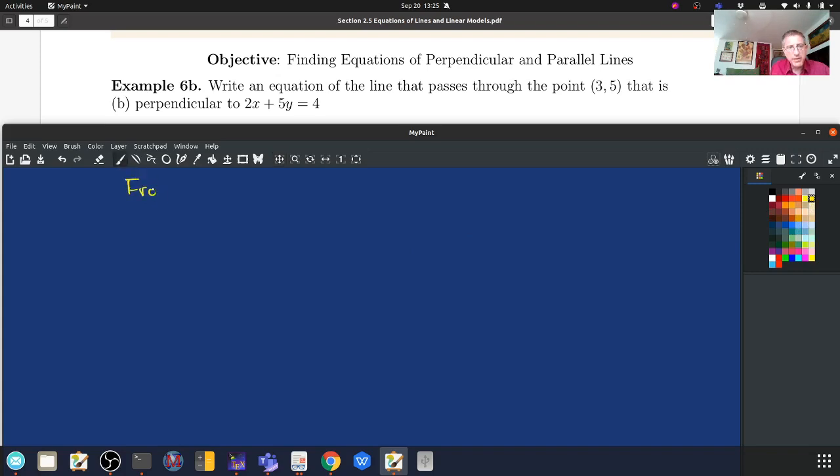So from previous work, we found that 2x plus 5y is equal to 4 is equivalent to y is equal to minus 2/5 x plus 4/5.